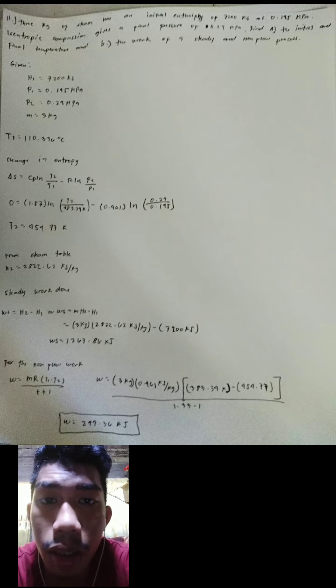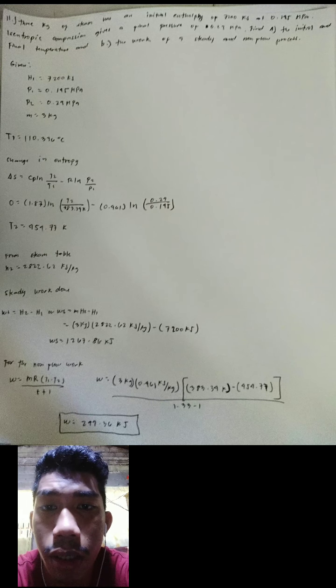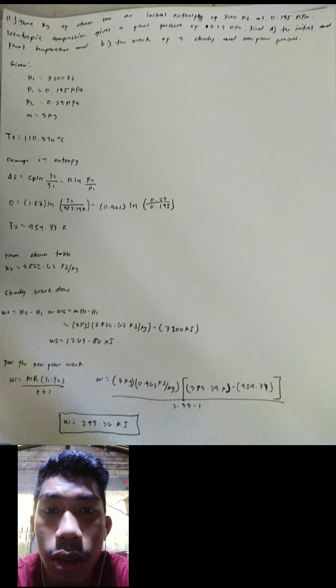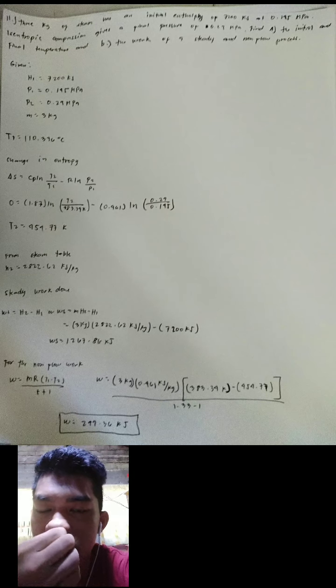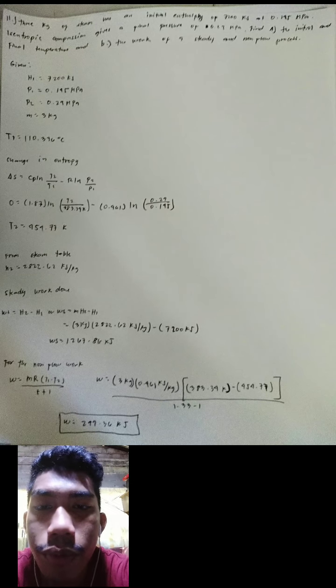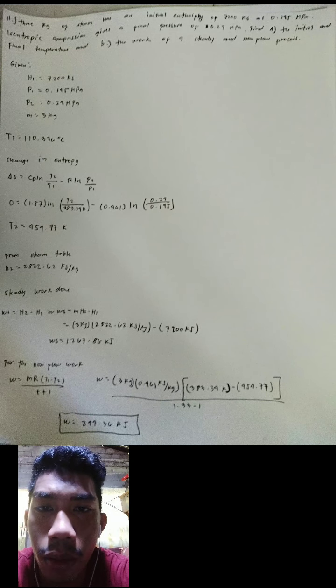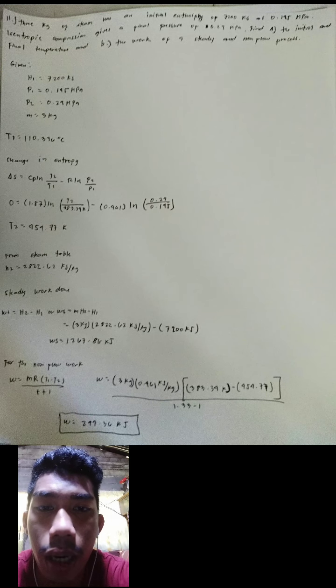From the steam table, the saturation temperature corresponding to the given initial pressure is T1 is equal to 110.336 degrees Celsius. So the change in entropy, delta S, is equal to Cp ln T2 over T1 minus R ln P2 over P1.